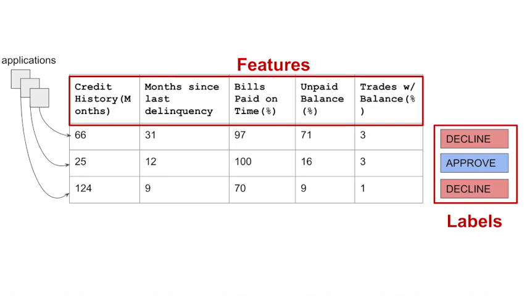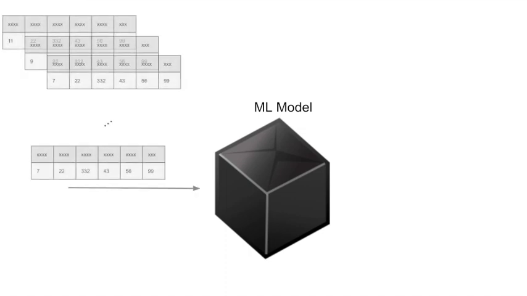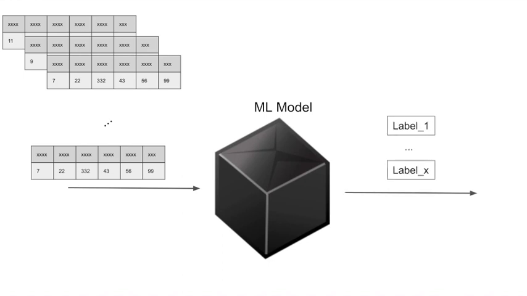Here, each application is described by the features you see in this table, for example, credit history, and months since last delinquency. Here the model assigns to each application one of the two possible labels, either approve or decline. For the purpose of this study, you should then think of a machine learning model as an automatic procedure that takes as an input a specific set of objects and, by looking at the values of these objects, assigns to each one a specific label.